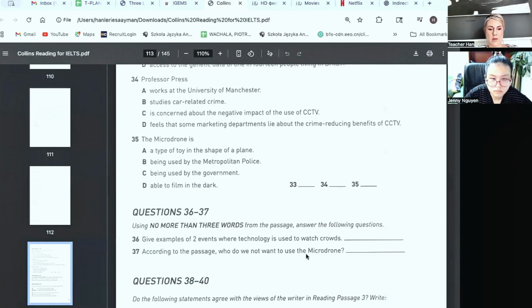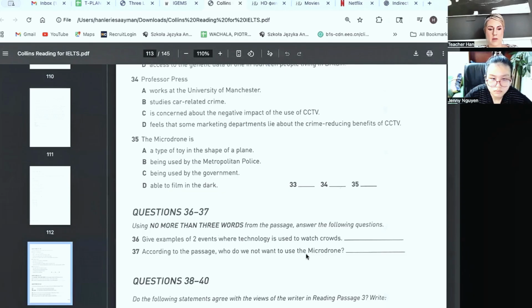Now, using no more than 3 words from the passage, answer the following questions. Give examples of 2 events where technology is used to watch crowds. Okay? I guess the parks.